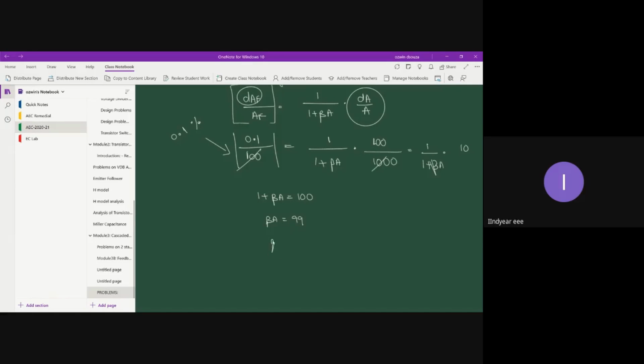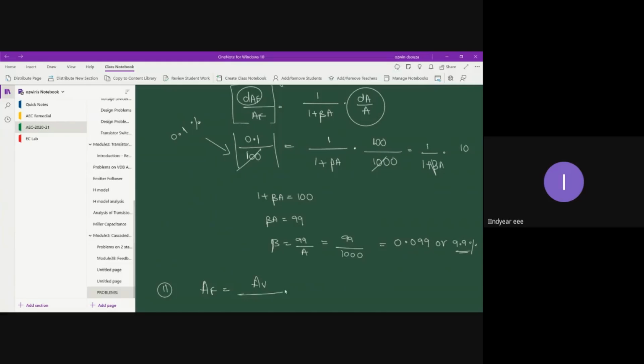Or beta is equal to 99 divided by A. So that is 99 divided by 1000, right? Because A is 1000. So that is 0.099, or 9.9%. Having known the beta factor, you can find out AF.